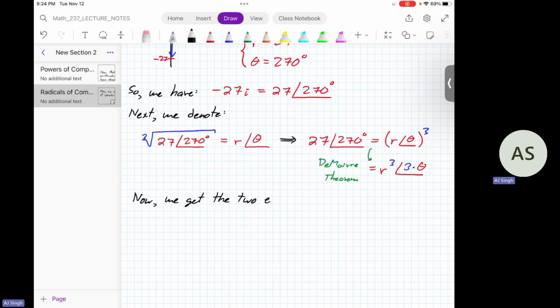Now we get the two equations. r cubed equals 27, and the angle 3 theta has to equal 270 degrees. And again, this blue equation is from those two being made equal, and this yellow equation is these yellow guys being equal.